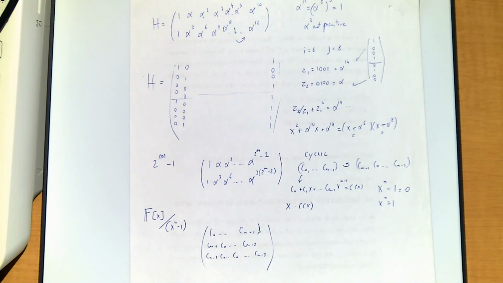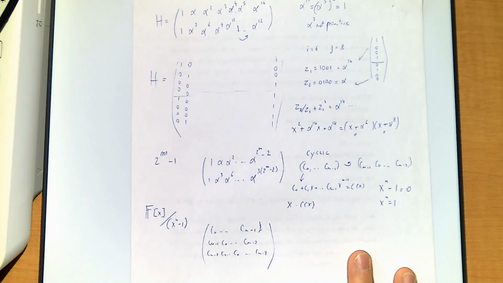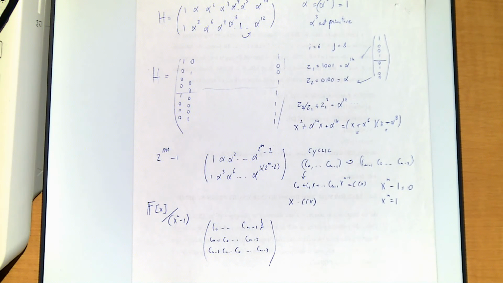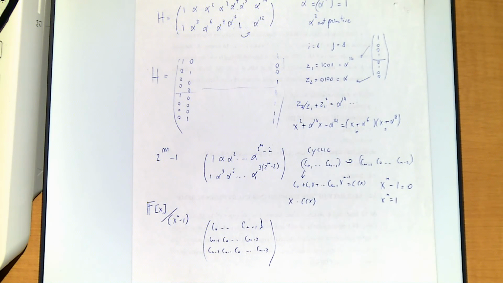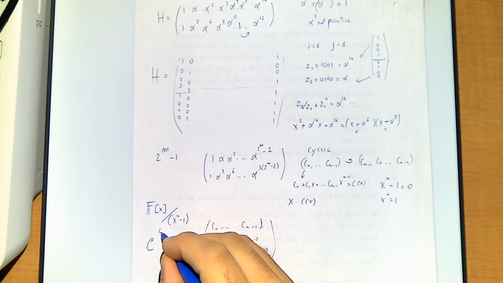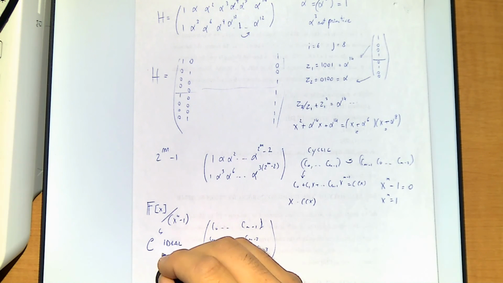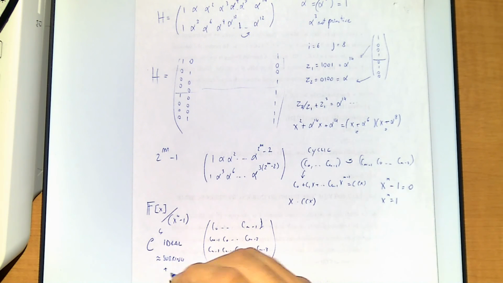And so what this means, in fact, is that this code forms a subspace of the space. Now we're working in this space, so the code C is part of this, and it's in fact an ideal, which is kind of like a subring plus extra properties.